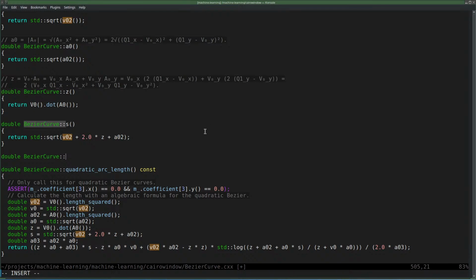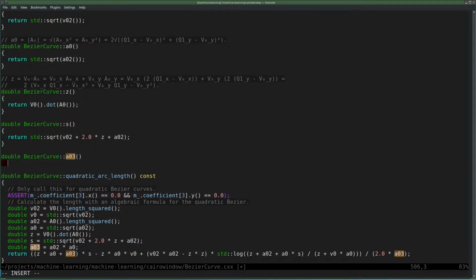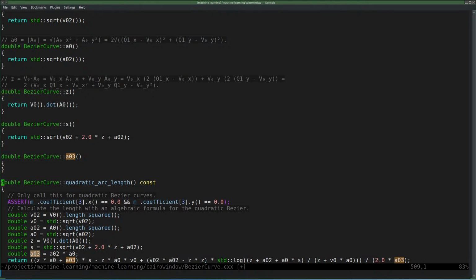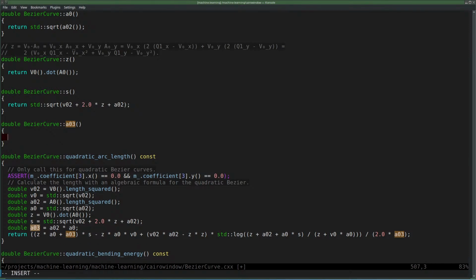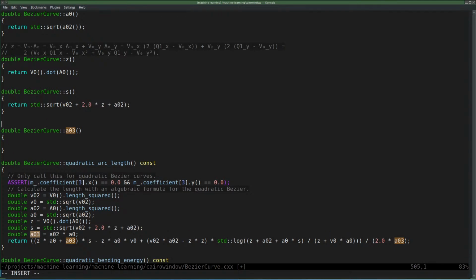A03. It's not really used that often, I think. Maybe once. Twice. Whoa, okay. So we'll turn it into a function. Yep, just A0 to the power 3. Maybe should define it like that. Can take the derivative of that, right?